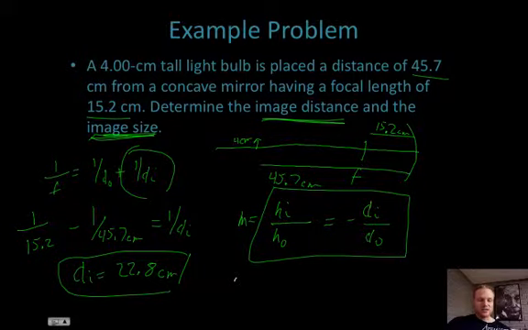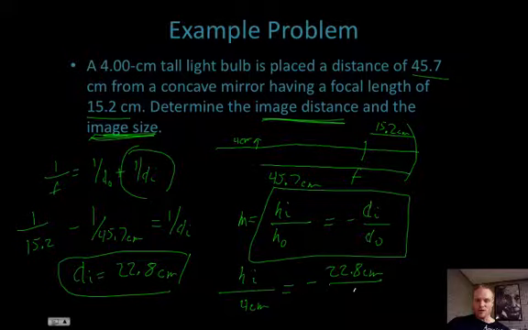The height of the image, I do not know, so that's what I'm trying to find out. The height of the object is 4 centimeters. I have a di of 22.8 centimeters and a do of 45.7 centimeters.